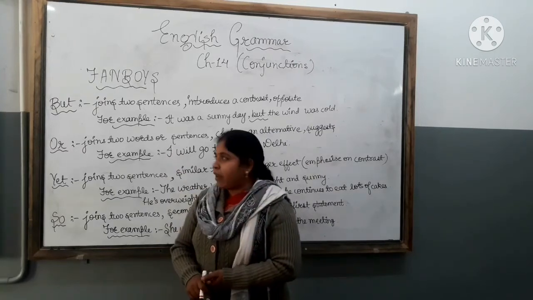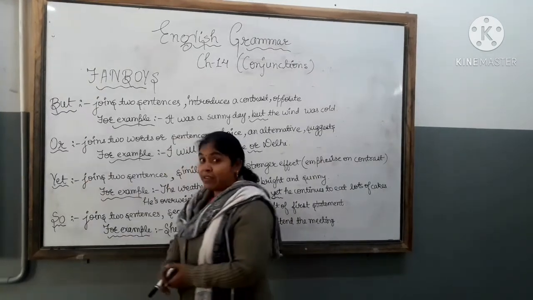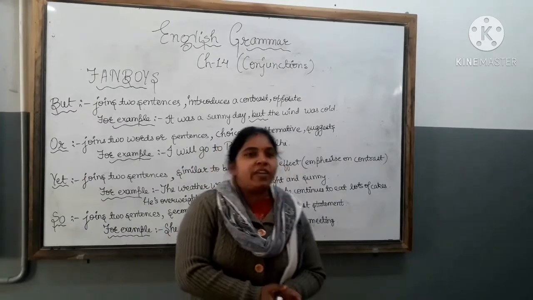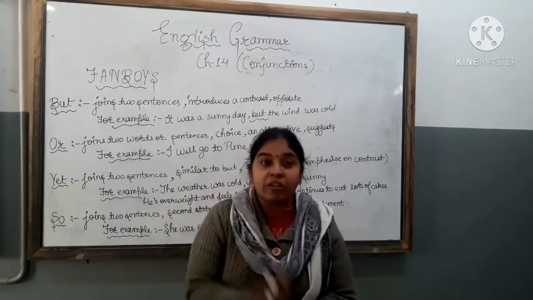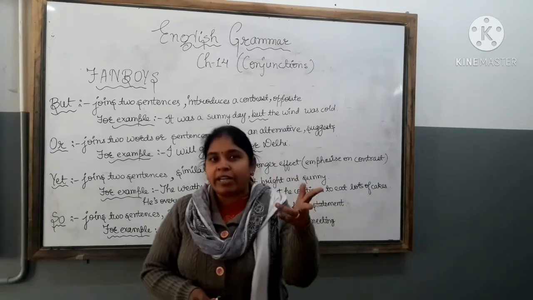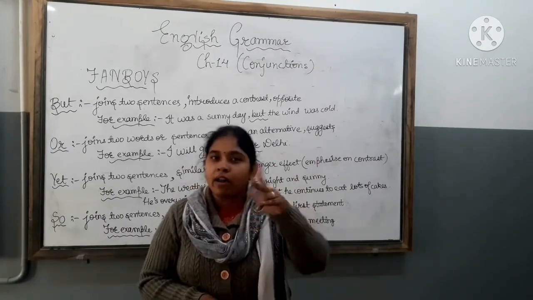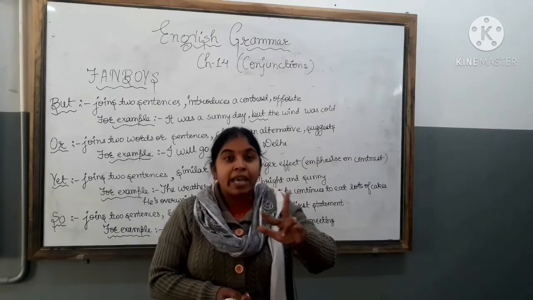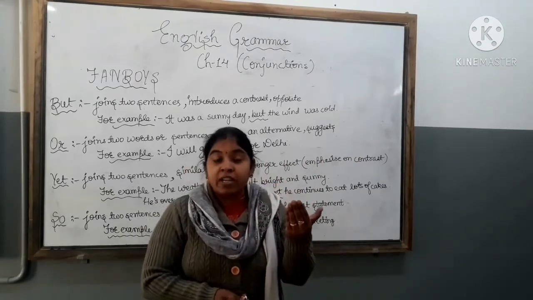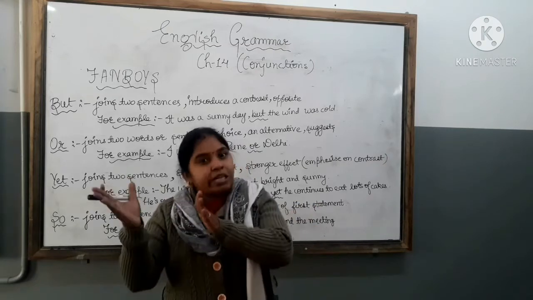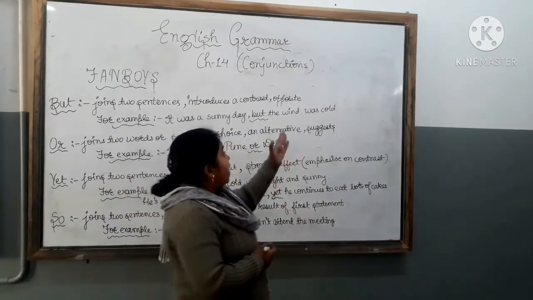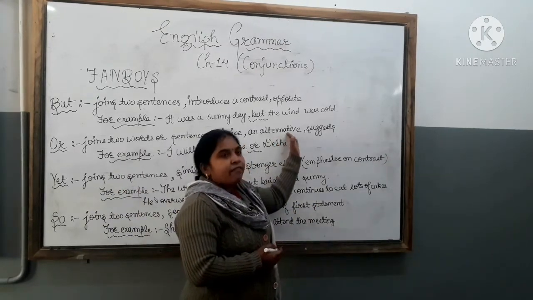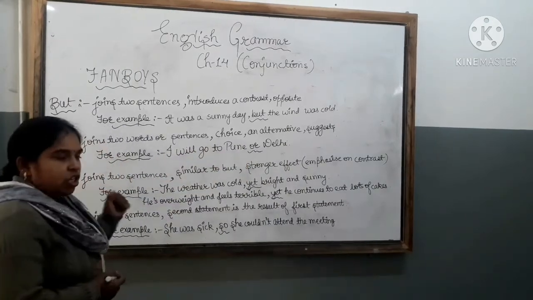Now next one is or. When we have a choice, when we give some suggestion to someone, when we have alternatives, either you can do this or that. In questions when we have choices, when we give suggestions to someone, either you do this thing or that, and when we have alternatives, that time we use or conjunction.